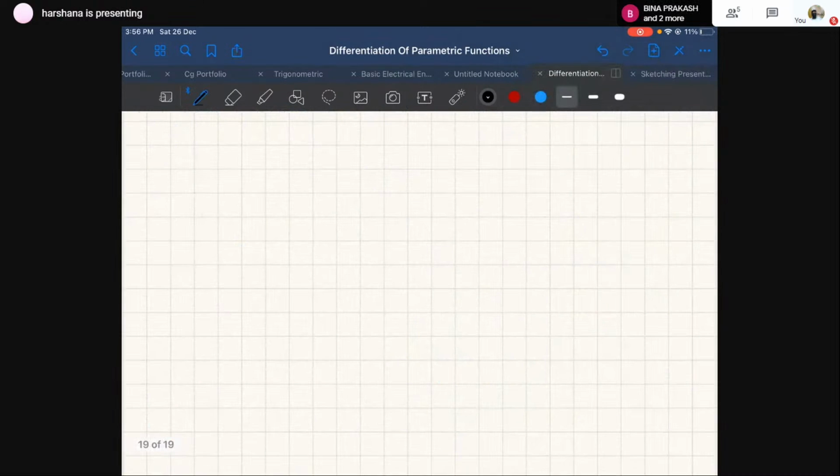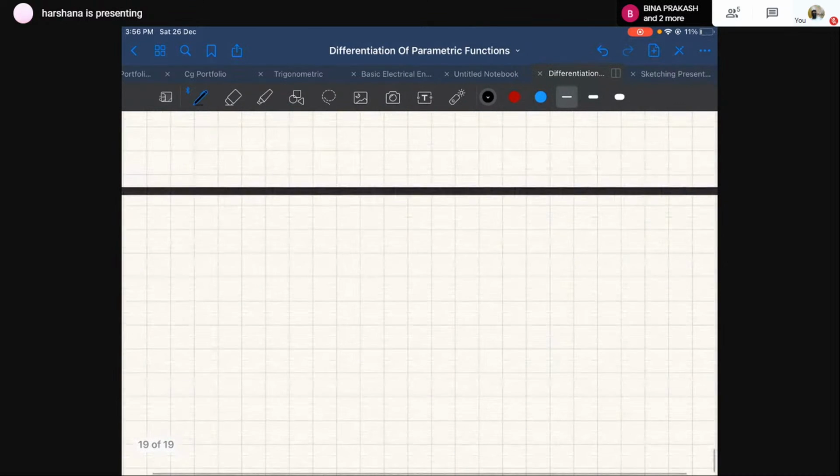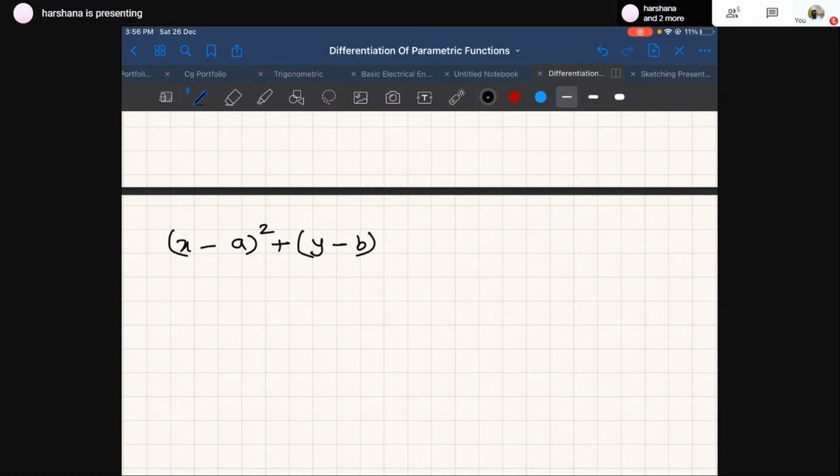Now, what I'm trying to discuss is one very important question of the textbook. We have an expression x minus a whole square plus y minus b whole square is equal to b square.